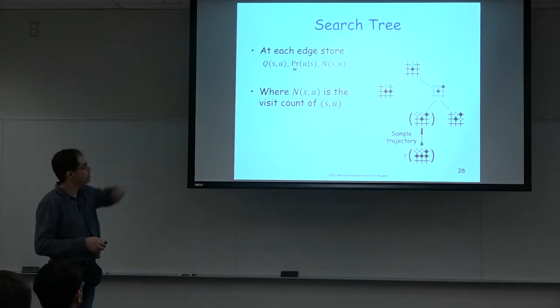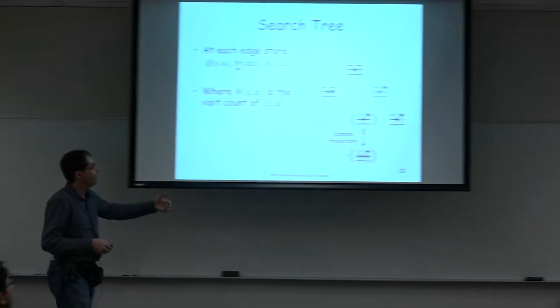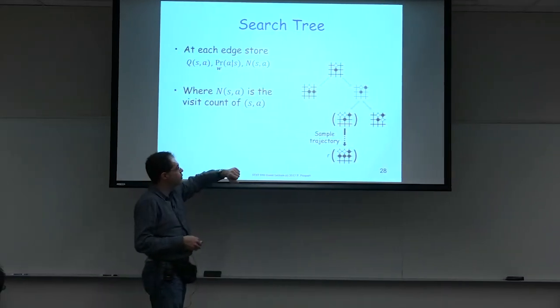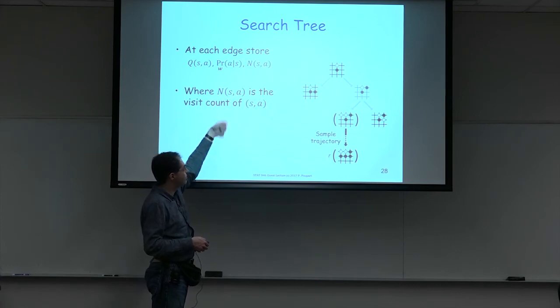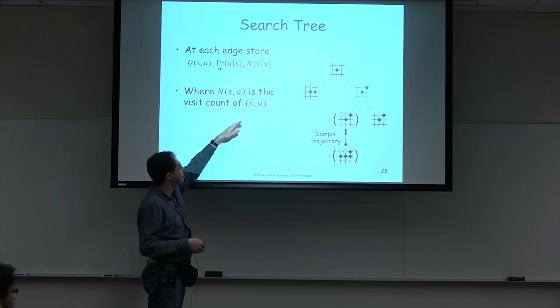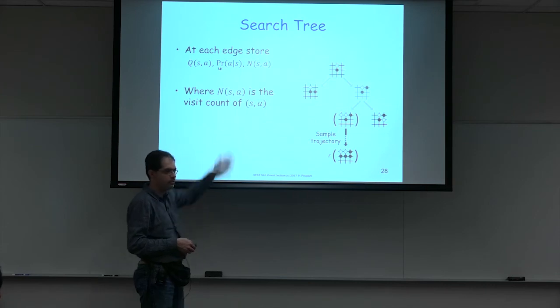So we're going to store these three things, and then every time we do a simulation, we're going to update our count. So we just increment it by 1 for every state action pair that we visit.